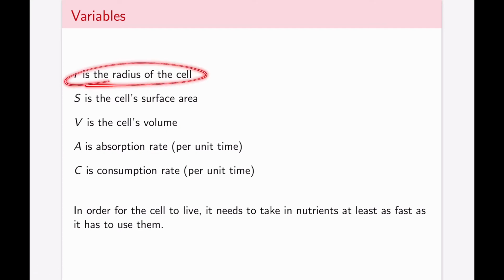We're going to fix some radius of the cell. We're going to say that S is the cell's surface area, and we've seen formulas before. The surface area of a sphere is 4 pi r squared. V is going to be its volume, which is 4/3 pi r cubed. We're going to have two letters to denote absorption and consumption rate per unit time.